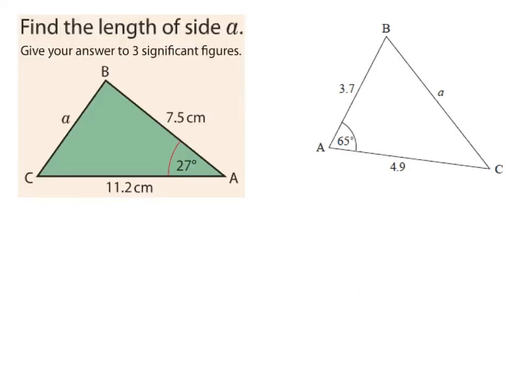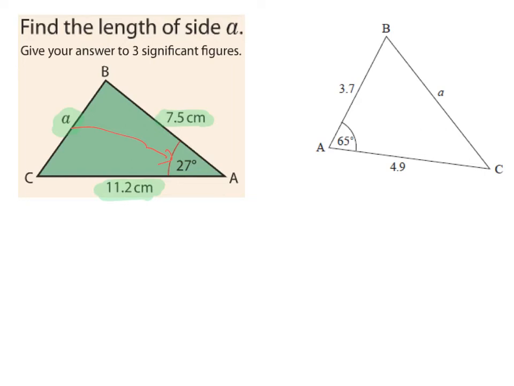So let's just do a quick example of how to do that then. On this first question, you can see that we have 3 sides involved. This side here, and then this side, and this side there as well. We're looking for this side here, and we have the angle opposite that side, which is 27 degrees.